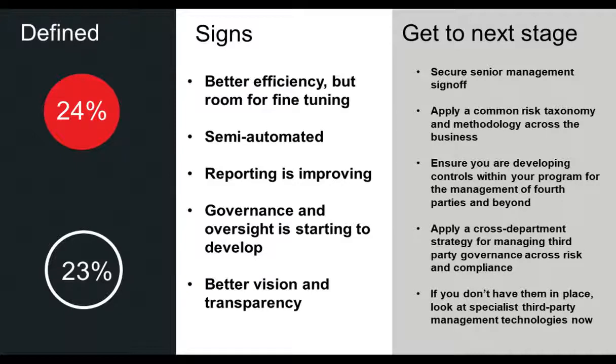The organization is starting to really develop good visibility into what third-party risk management means, and they're gaining transparency into the state, risk, or the overall relationship that you have throughout your third-party ecosystems. And that's really important, because that whole stakeholder visibility and sponsorship will be critical to get into the next stage.